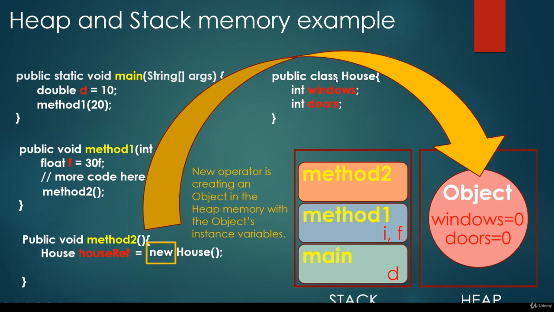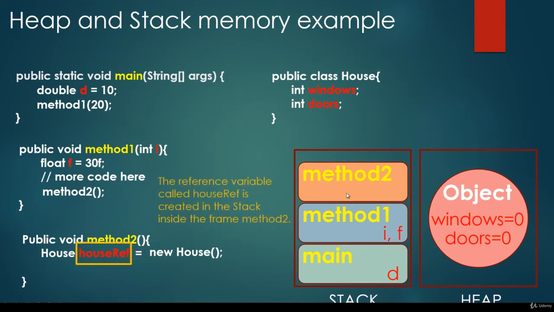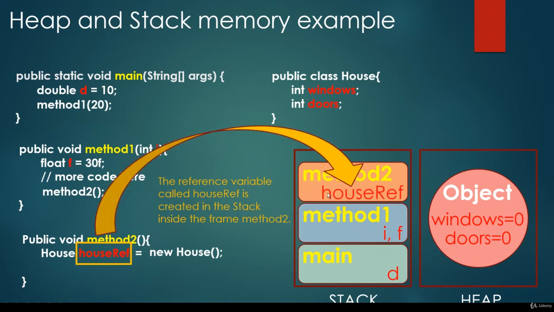So it is crucial that instance variables may seem to be very similar to local variables, but they belong to a given class. So local variables are stored on the stack, but instance variables that belong to a given class are stored on the heap memory. And the reference itself, in this case the house ref, is going to be present on the stack memory.